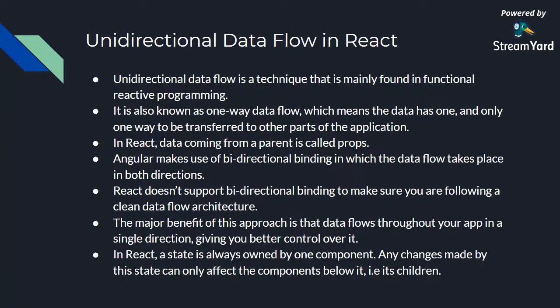The major benefit of this kind of architecture, a unidirectional flow, is that you ultimately have better control over it. State is always owned by a component. Any changes made to this state can only affect the components below it.